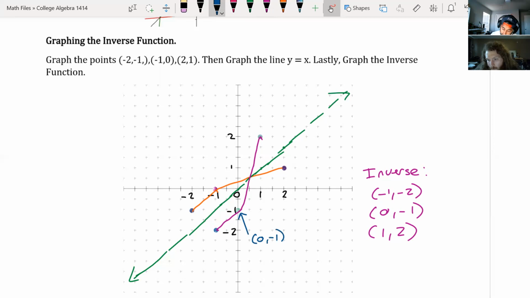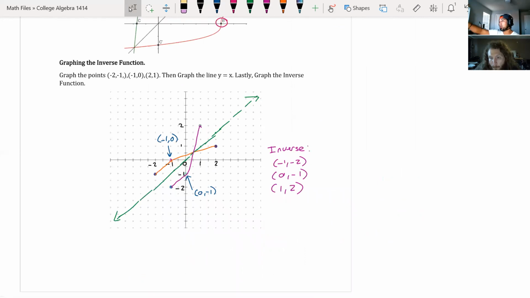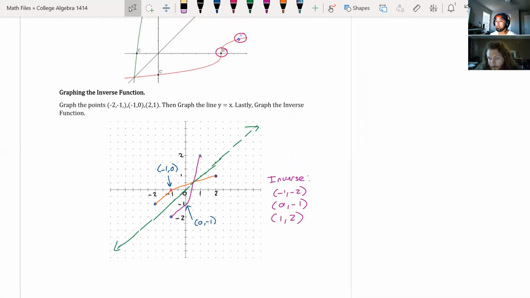If I reflect it over, I get -1, 0. There we go. Not bad. So that's graphically. So if you have an inverse, your one-to-one function and your inverse will reflect across this line. Okay. Any questions on that page?